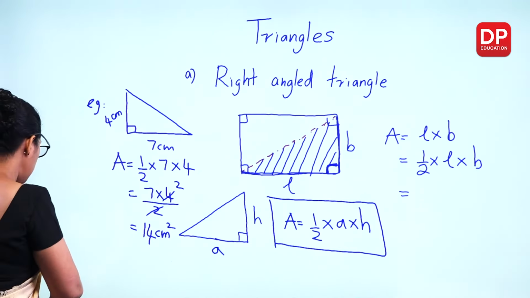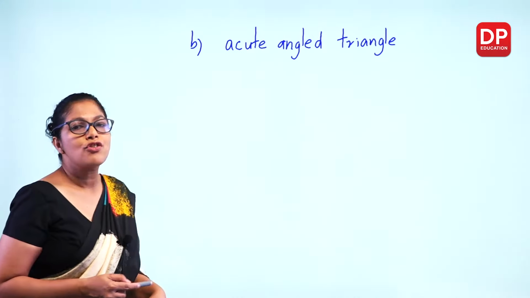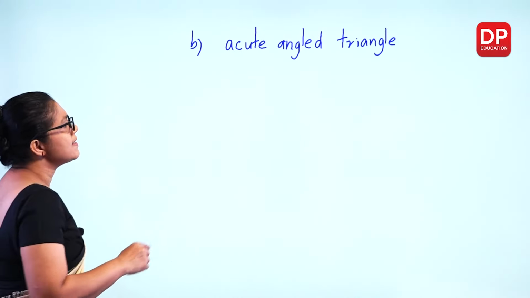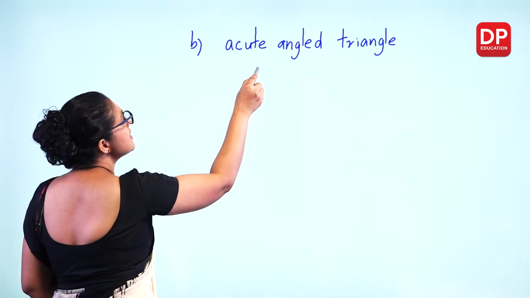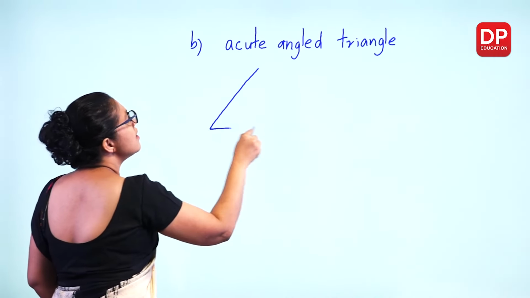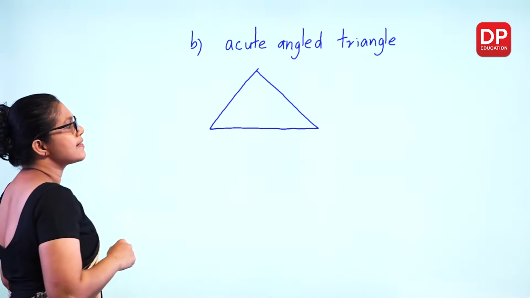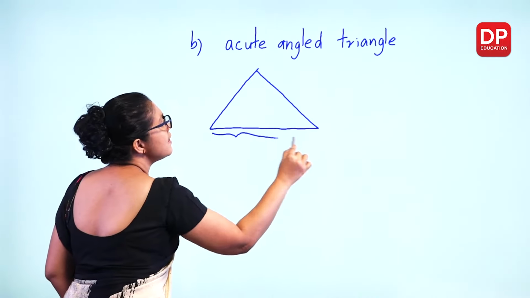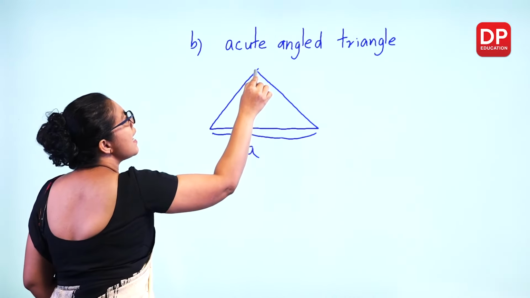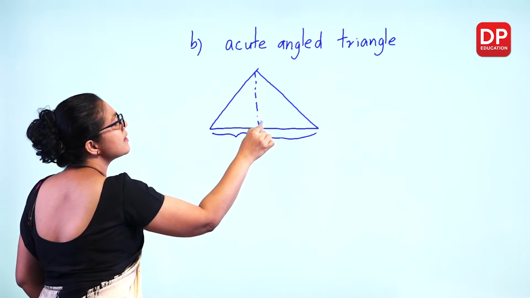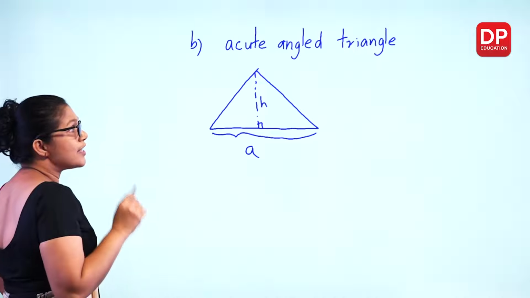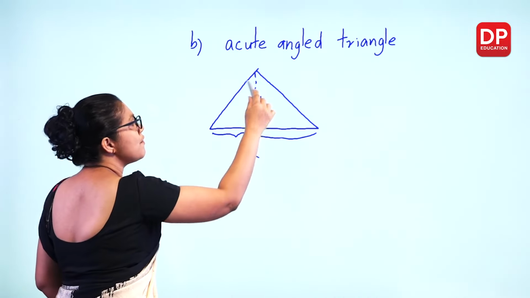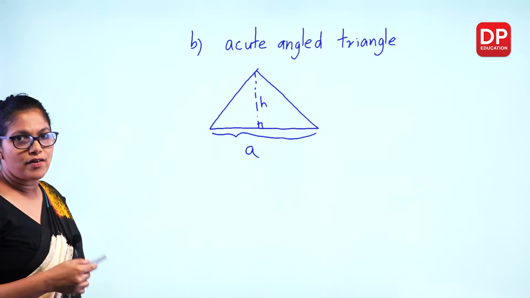Now we'll look at the second type of triangle, the acute angle triangle. So acute means all angles are acute. I can just draw a triangle like this. So here, if you know this length is A and the perpendicular height is h, how can we find the total area of this triangle?